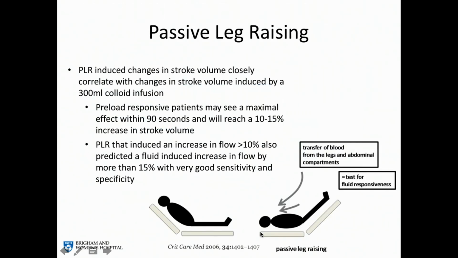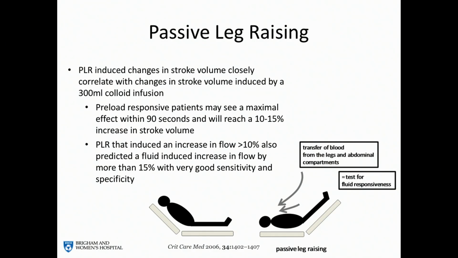Lastly, I think one of the things we tend to forget about is the ability to measure fluid responsiveness using passive leg raising. Passive leg raising can cause changes in stroke volume that relate to changes in stroke volume induced by approximately 300 cc's of a colloid infusion.